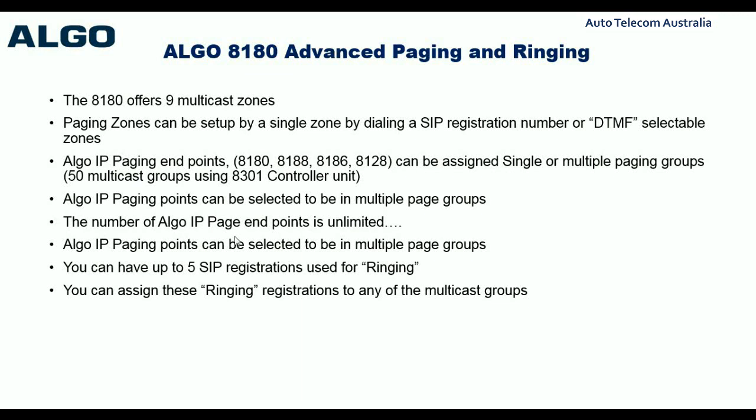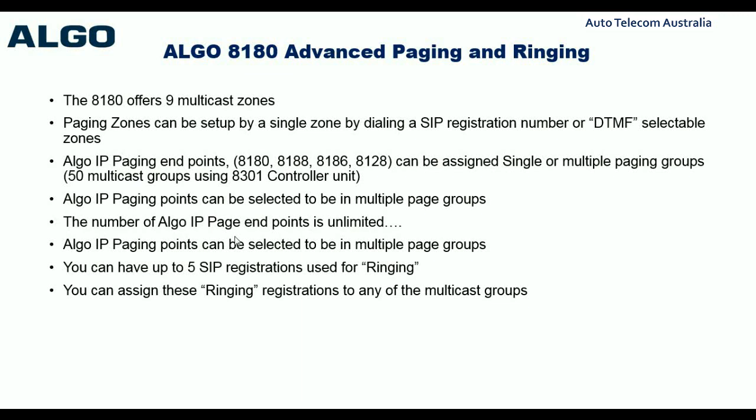And that'll page group 1, *2, group 2, 3, etc. So that's just using one SIP registration and some post digits to access the multicasting, and we can set up all the different paging groups. Or we can have a master for each group and then include the slaves into the different groups, and so you're dialing individual SIP registrations on individual masters. I hope that makes sense. If not, let us know.